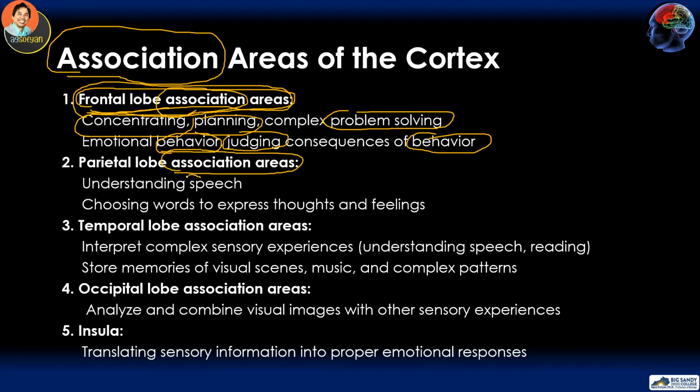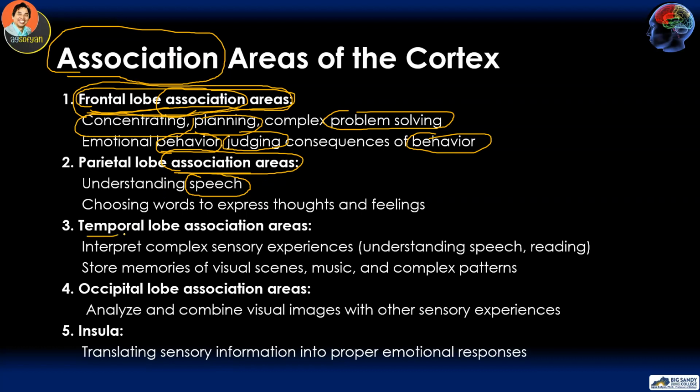This is also for speech, the Wernicke's area. So when we do speech, we not only speak, we not only say something, but we say something with good speech, wisdom, kindness, etc. So this is the association area.